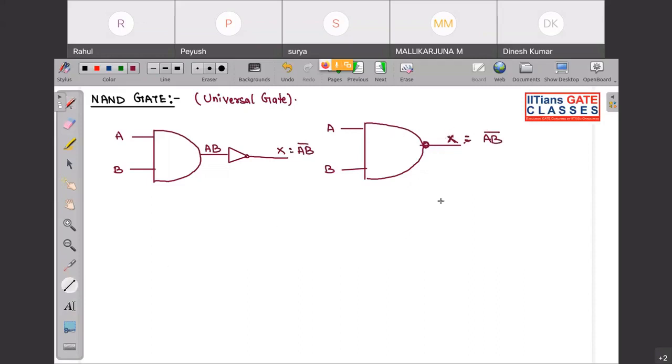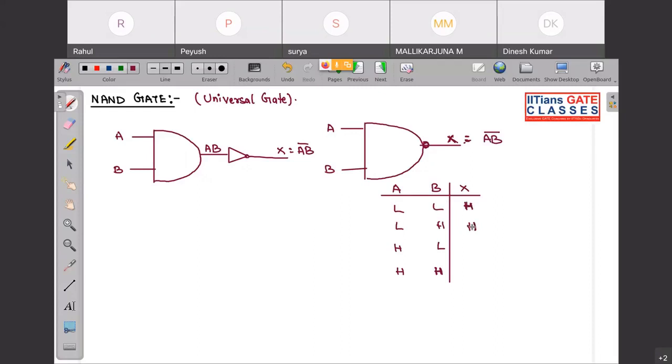Now if I want to draw the universal truth table for NAND gate, so this is low, low, low, high. So you can see what, if you ask me that what is basically NAND gate, so if you draw, so you can see what, this low into low, if I AND it, so this will be low only. So when I complement, it will be high.